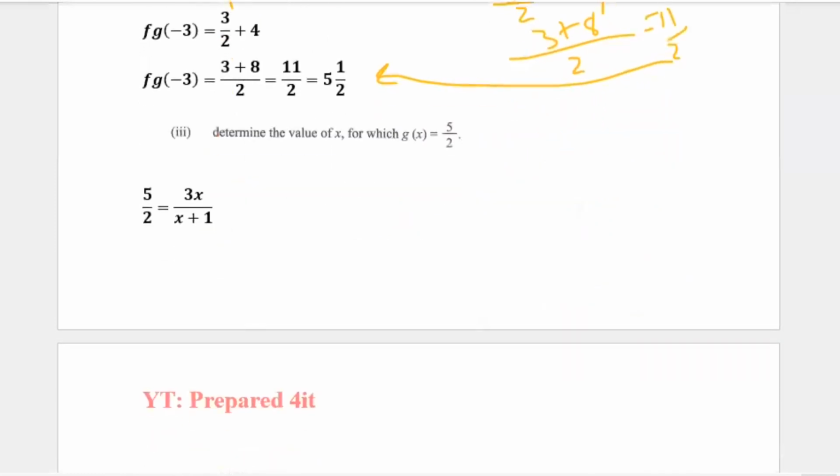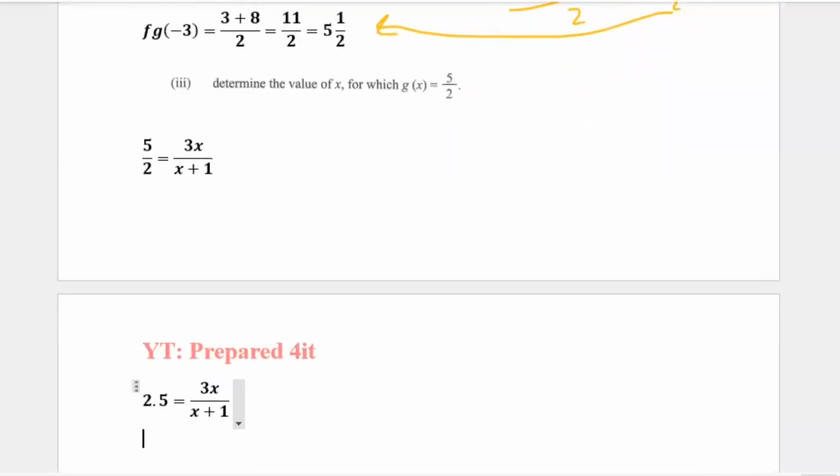So what I did first was to change that fraction out. 5 divided by 2, I get 2.5 is equal to writing back everything 3x being divided by x plus 1. And now I'm going to work as best as possible to try and solve for x. So let's go on this journey. So x plus 1, I'm going to first remove this x plus 1 from here. It is dividing here, so when it comes across the equal sign, it will be multiplying.